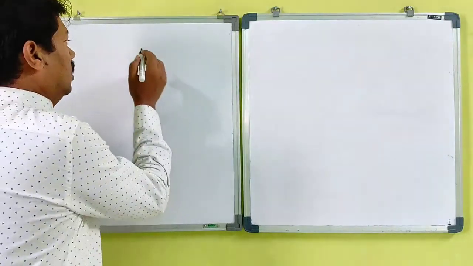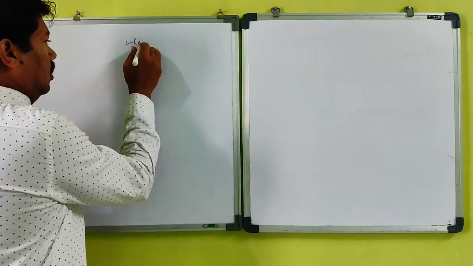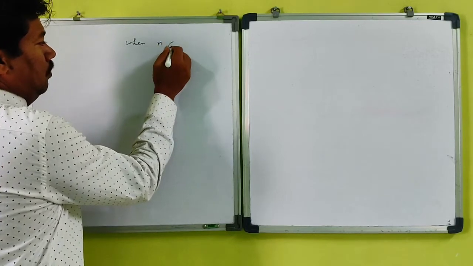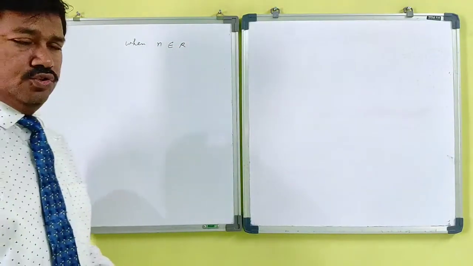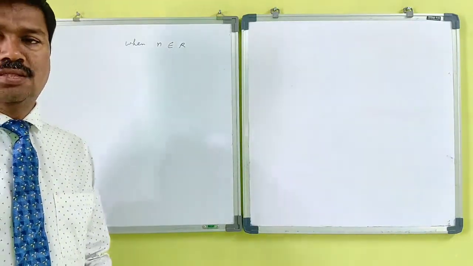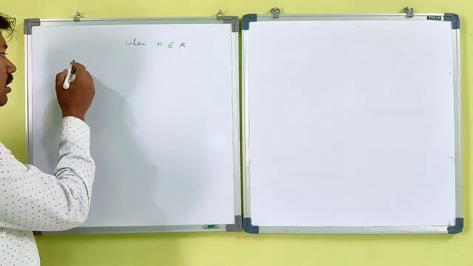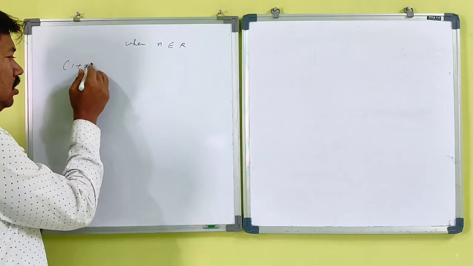When n belongs to real values, now instead of a plus b, if you write a as 1, it is 1 plus x raised to n.